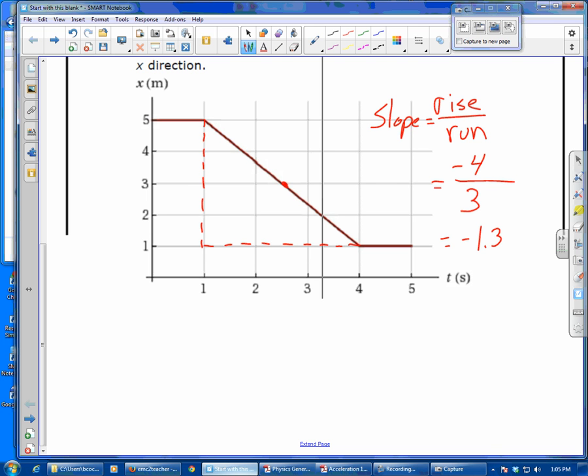And this was 4 meters over 3 seconds. So 1.33 meters per second. Generally, give me answers in 3 sig figs, please. And the question actually says, what is the speed, the magnitude. So should I have the negative there? No, because it's just the size. So the correct answer for this one would be 1.33 meters per second.